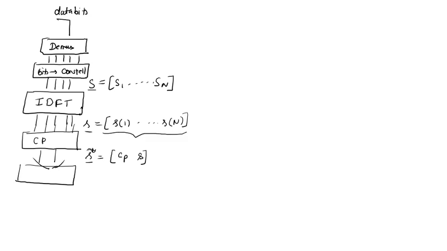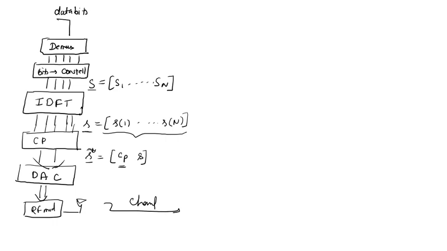These are the samples of the OFDM signal. This is also called the OFDM symbol sometimes. This is the OFDM symbol with cyclic prefix, and then we provide a DAC and convert it to analog form, and we modulate it over the RF, and we transmit it through the channel.